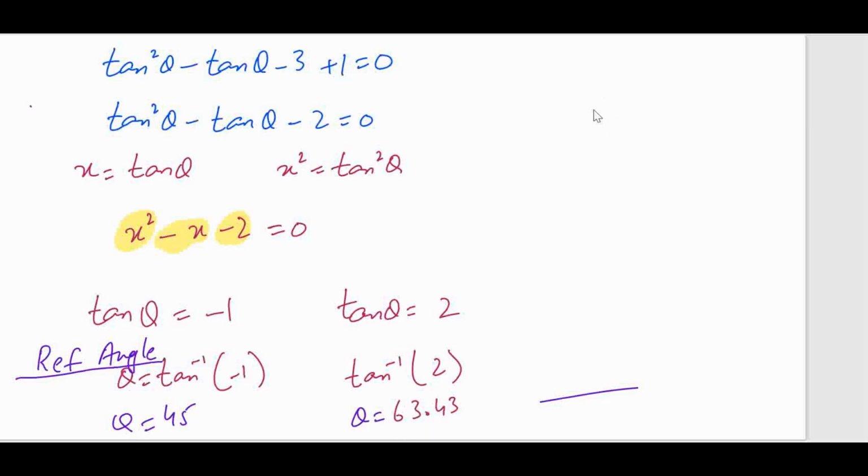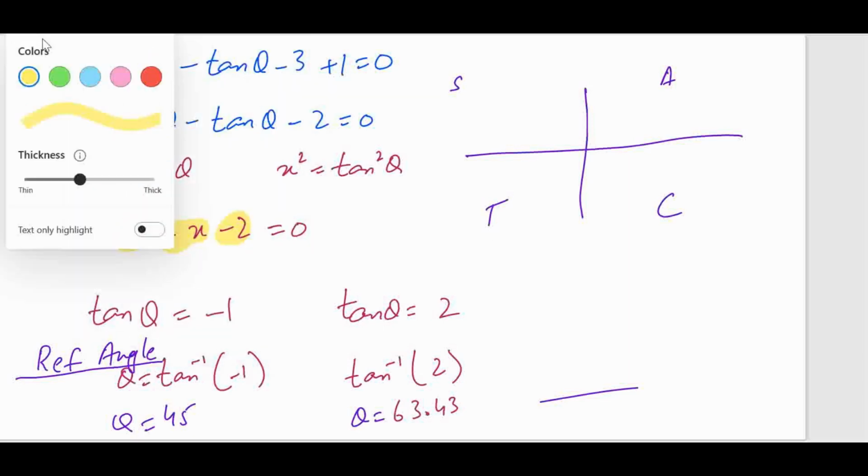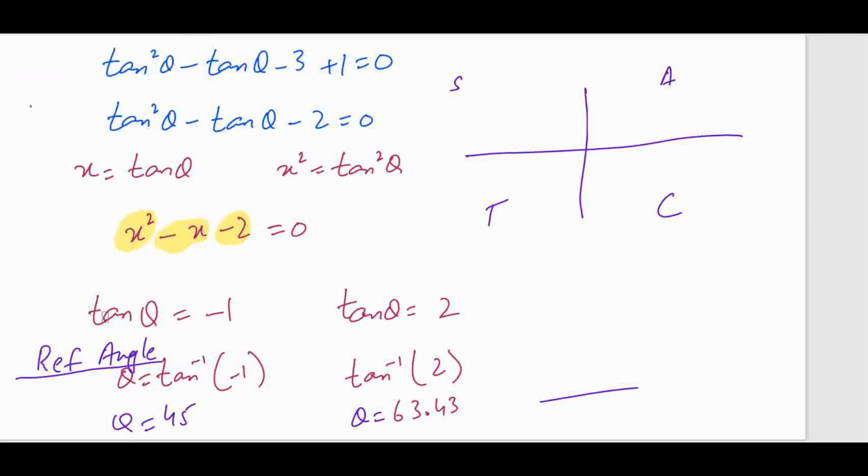Now we have to use this strategy, this process, CAST. Let's use this for the first case, when tan theta is negative.